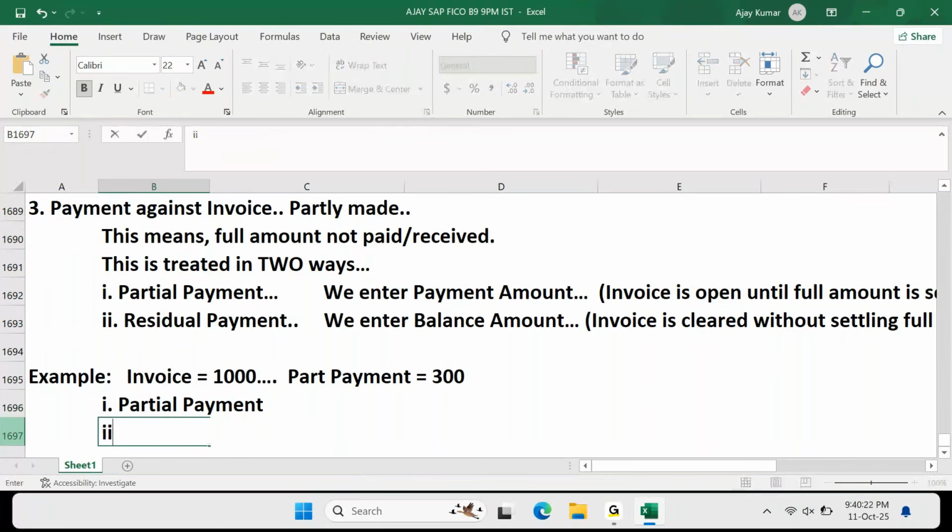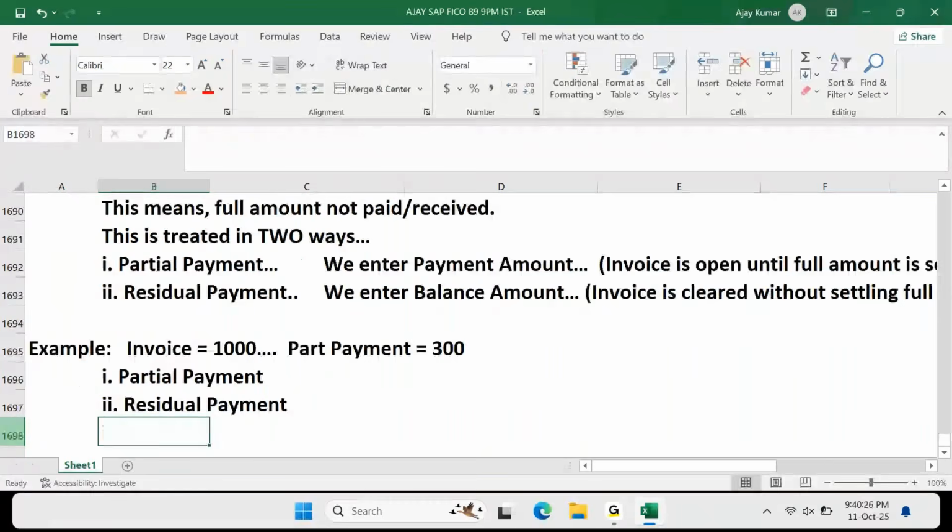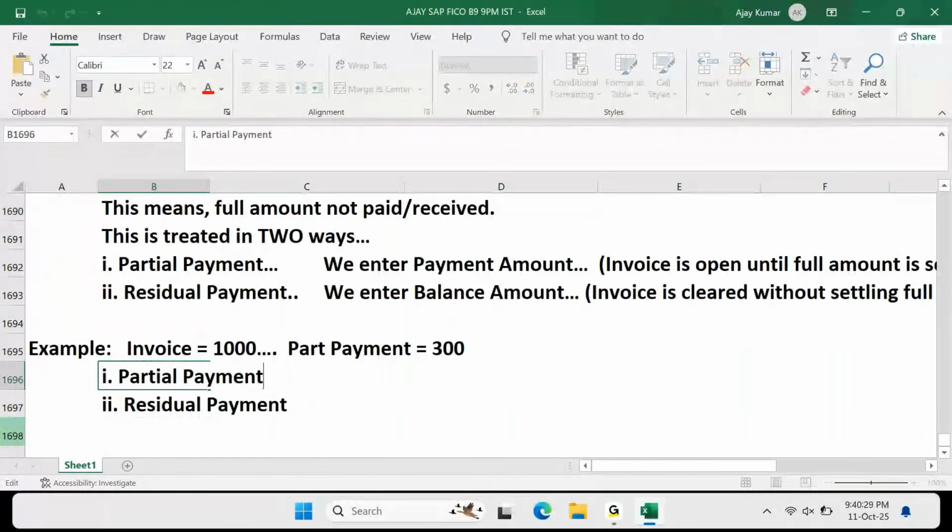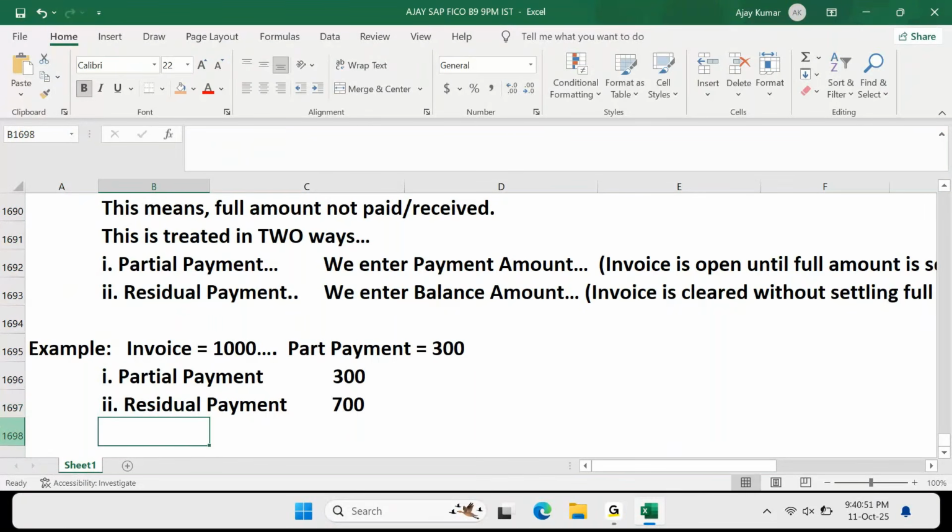Point number 2, residual payment. In case of a partial payment, what amount will you enter? 300. So the payment amount, you will enter 300. In case of residual payment, what amount do you enter? 700.